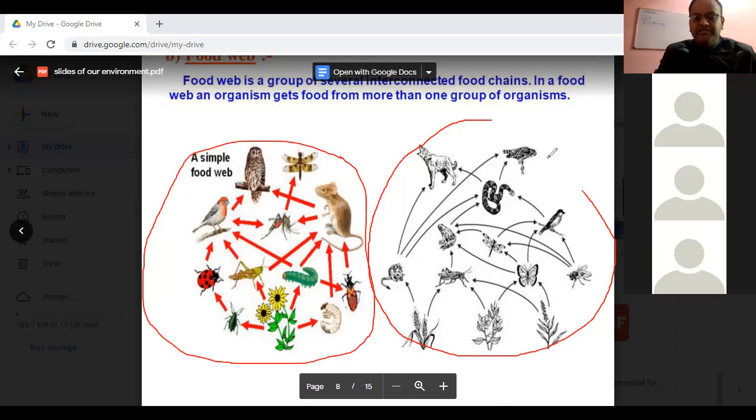So the interconnected food chains in nature are called a food web. Got it? Is it clear to all the students? Okay, very good.